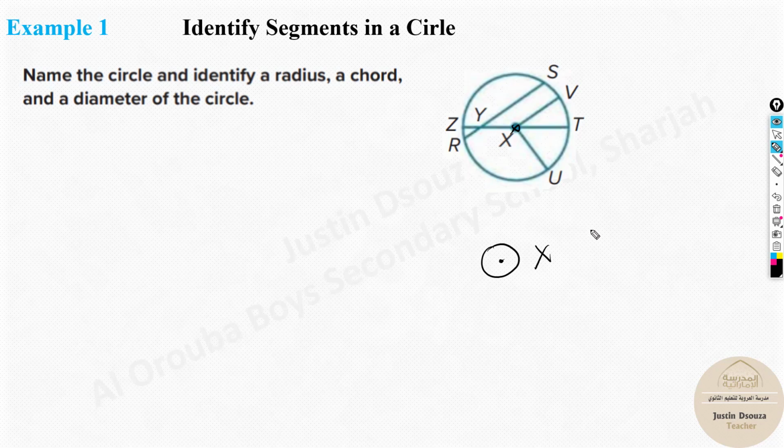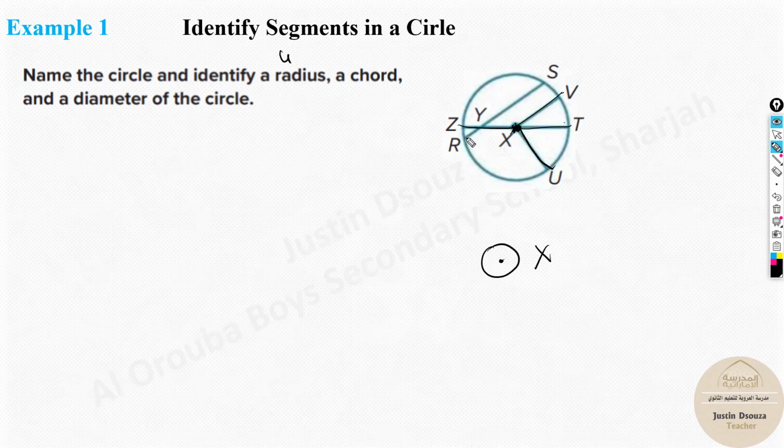That means the circle with the center x. Now over here, the center is important. See all the lines that are originating from x and touching the end of the circle. 1, 2, 3, 4. So there are 4 radii. That is xv, xt, xz, xu. There are 4 radii.